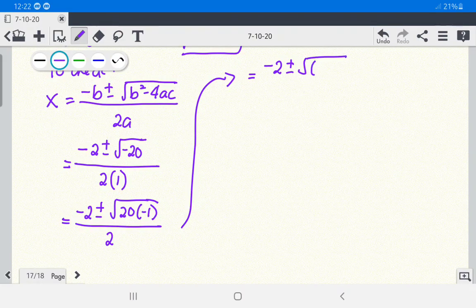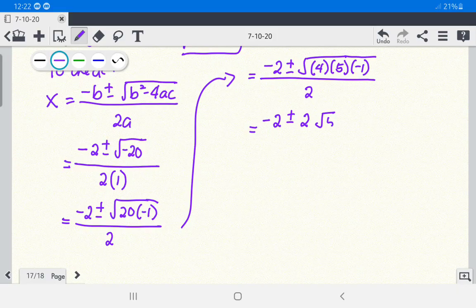Factors of 20 are 4 and then 5 and then negative 1, the factors of negative 20. Then, over 2. Then we have here negative 2 plus or minus the square root of 4, which is 2. Then you will just copy 5 because that is not a perfect square.